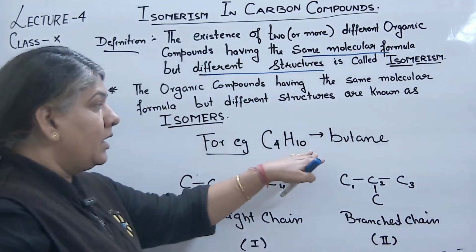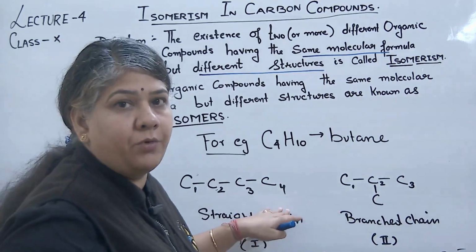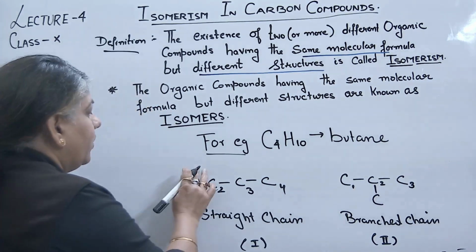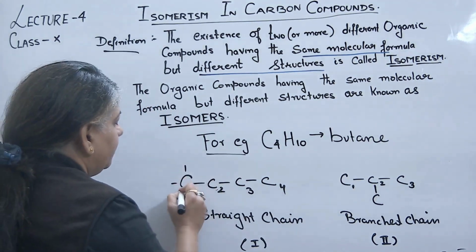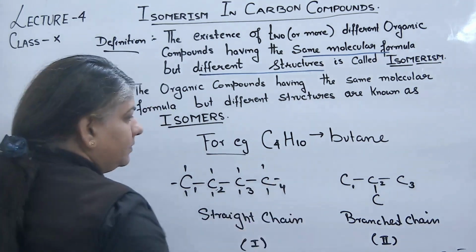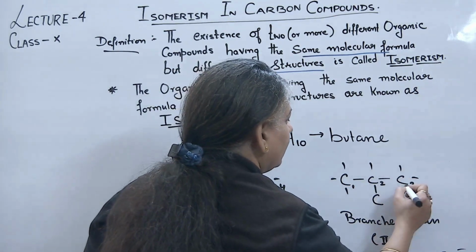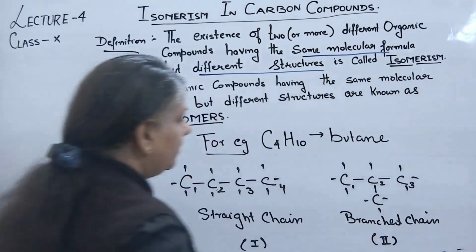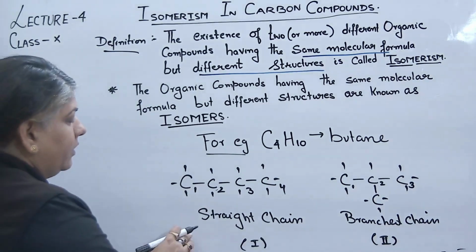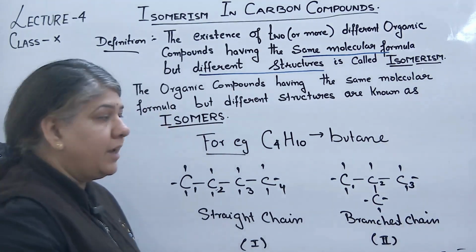So butane has two isomeric forms, and you can fill the rest of the bonds with hydrogen atoms. So this is butane and this one is 2-methyl butane.